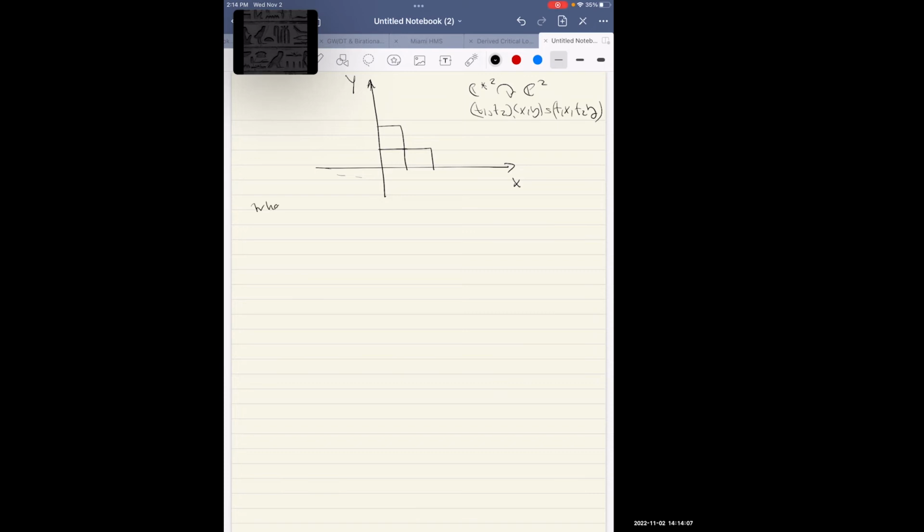What is the T character of this, my O of z? What do you think?